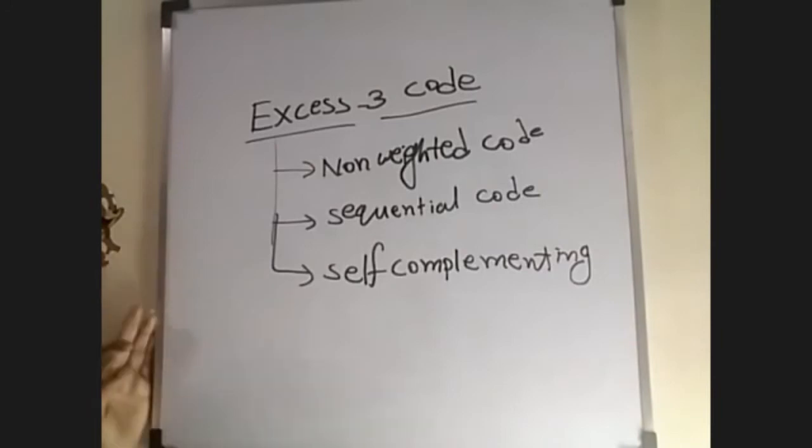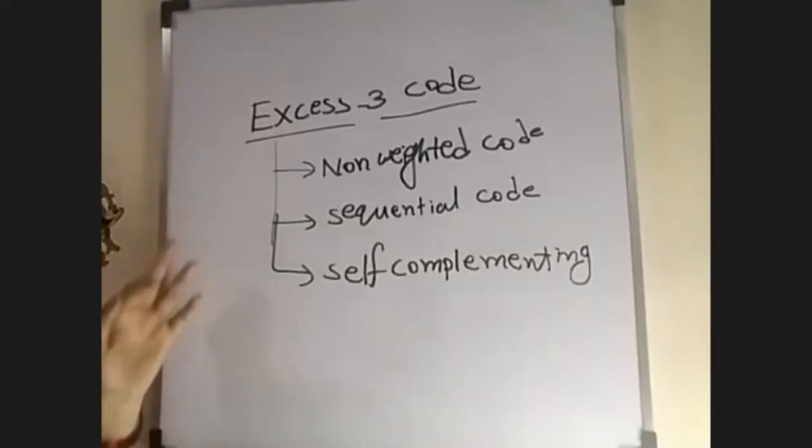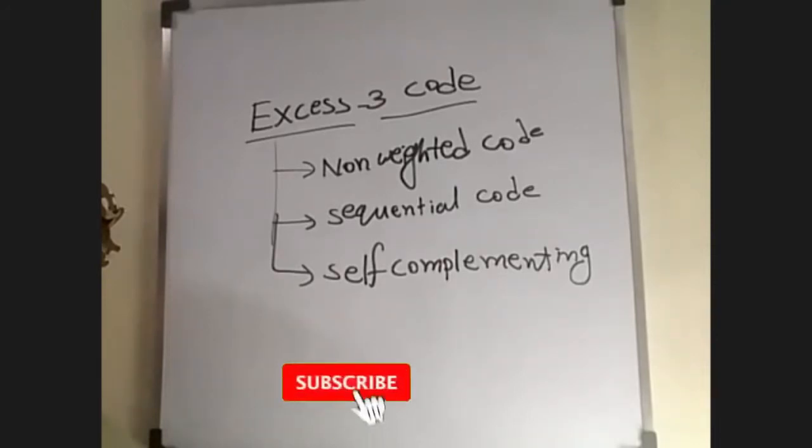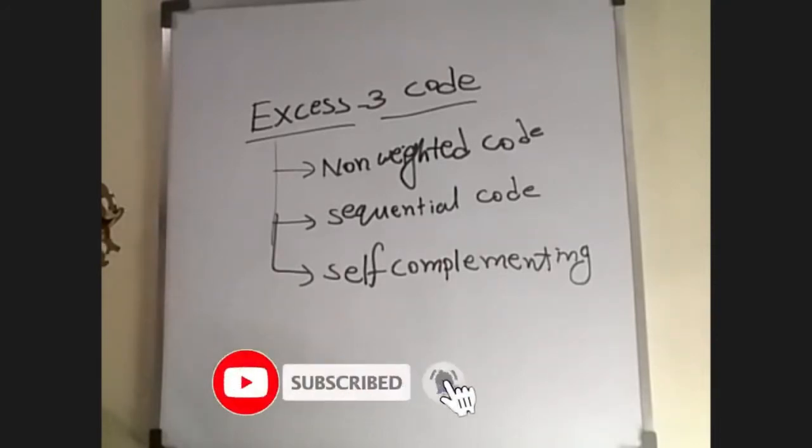So XS3 code is a modified form of BCD code. How are the XS3 code values derived? Already you know the BCD value, right?